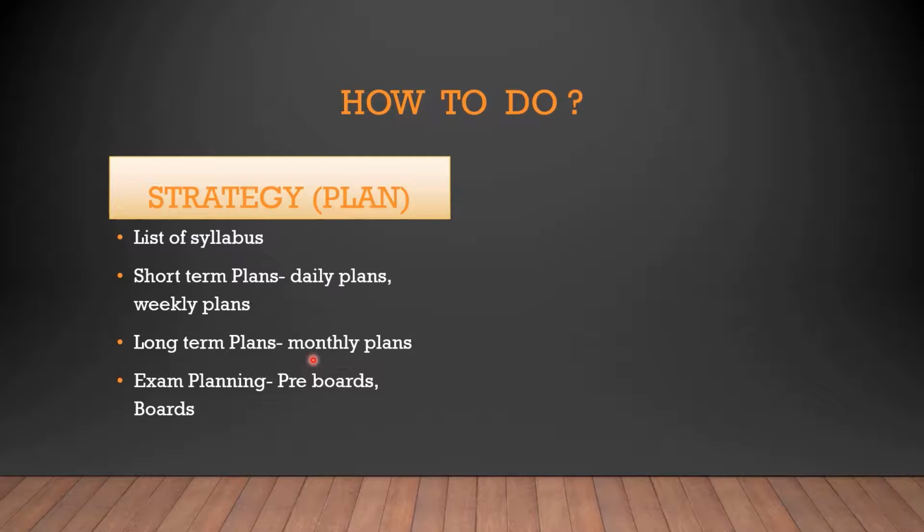For example, on a daily basis, you can plan that you will complete one exercise per day, or for weekly plans, you can plan that you will complete one chapter per week, or two chapters if they are short. And in monthly plans, you can include that you will prepare 3 to 4 or 4 to 5 chapters per month. In this way, you can prepare your plan.